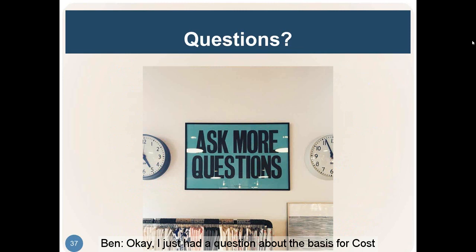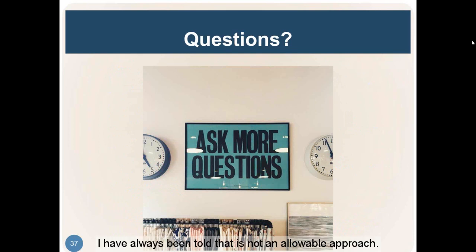Okay, I just had a question about the basis for cost allocation plans and allocating costs. It looked like in that last example about splitting the cost of that consultant 25%, the text looked like it was saying that they allocated it simply on the available funds.